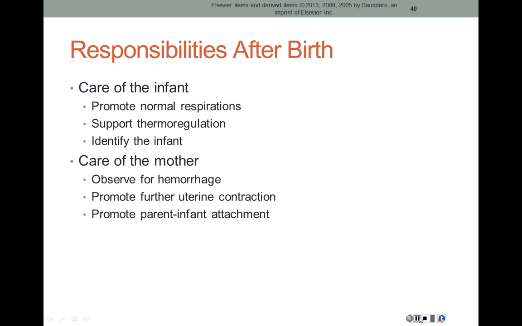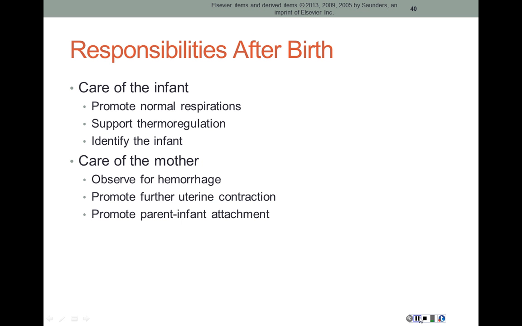We want babies to be with moms, and that attachment and that bonding occurring. Only if there's a problem with either mom or baby would baby not be in the room at all times. And normally baby does not leave sight of mom. If at all possible, baby is not whisked away and taken to the nursery, and mom can just chill out for a little while. We don't do that anymore either.